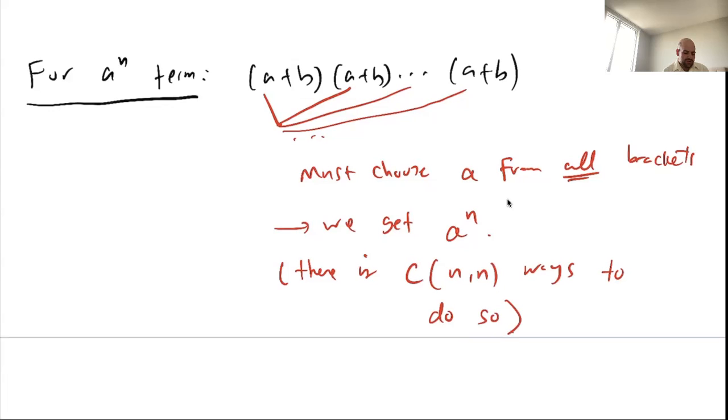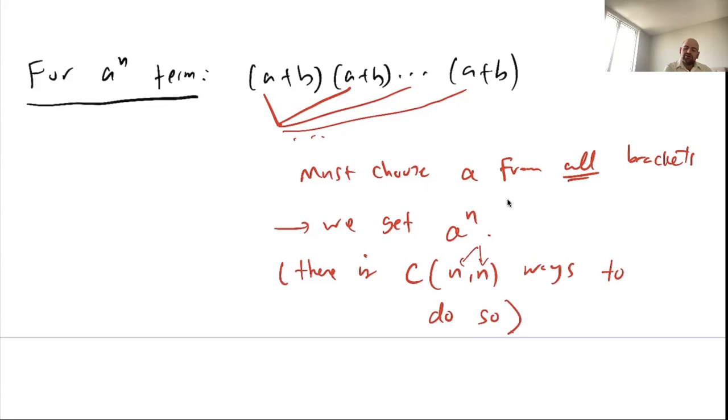The first number could be a little bit confusing. See, why do I say C(n, n)? Look here, there are two numbers that I will write for each a to power k term. The first n is coming from the fact that I have n brackets in total.